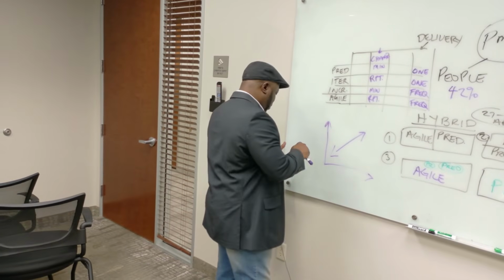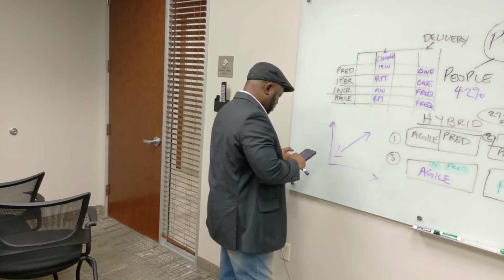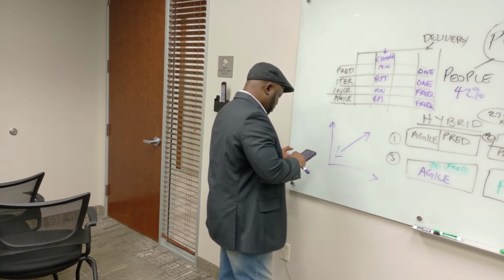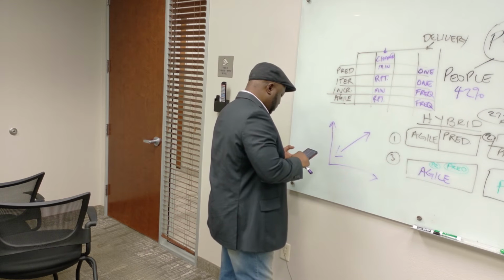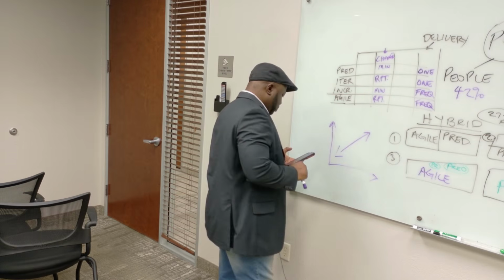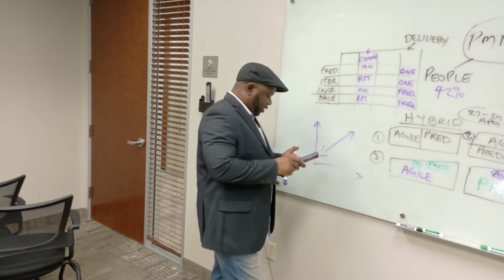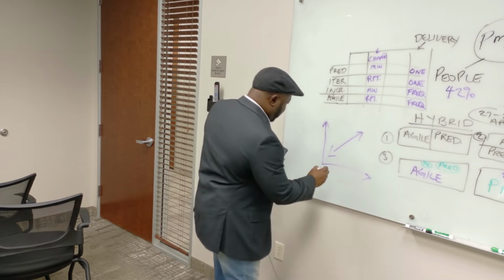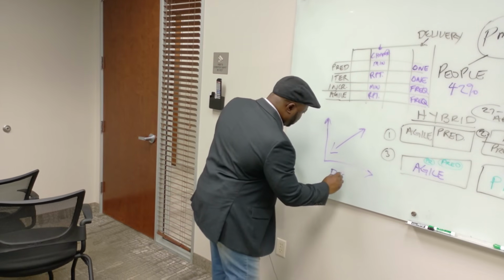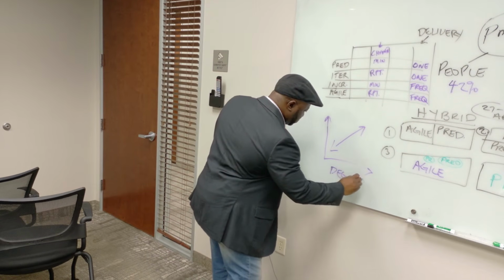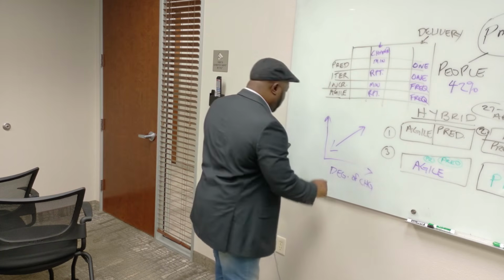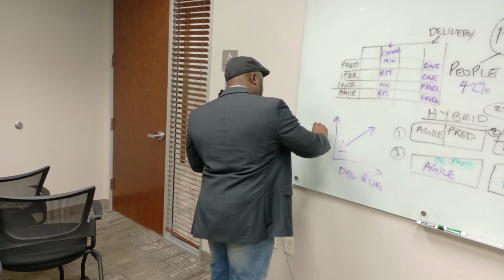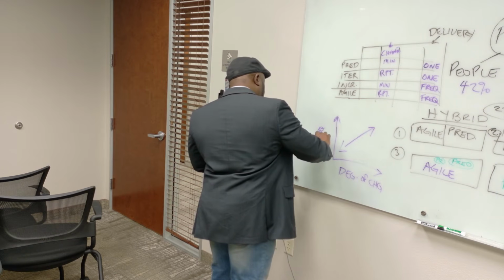I'm going to draw it for you here. And it's definitely one that you want to be aware of. So we have two axes. We have the degree of change, and then we have the frequency of delivery.